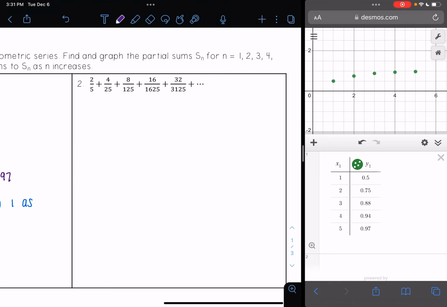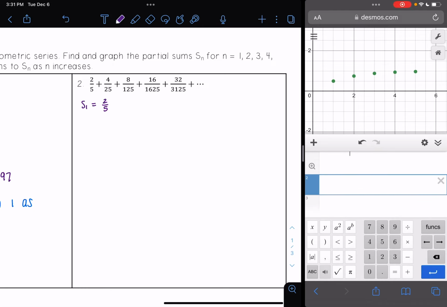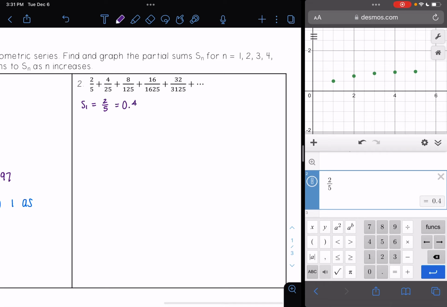Okay, let's try another example. So first I want to find the partial sums. So S1 is going to equal 2/5, which if you enter that into your calculator, and I'll go ahead and for this example show that, that is going to equal 0.4. S2, I'm adding the first 2 terms, so I have 2/5 plus 4/25.